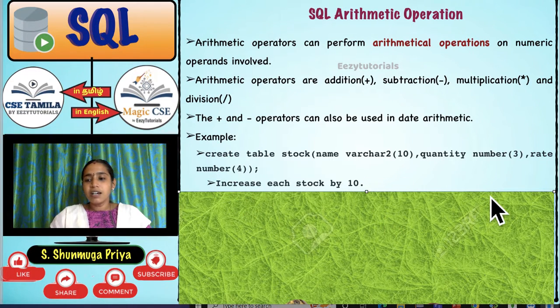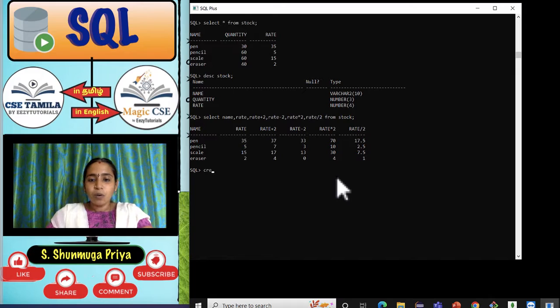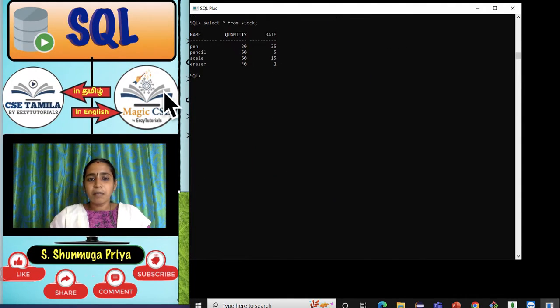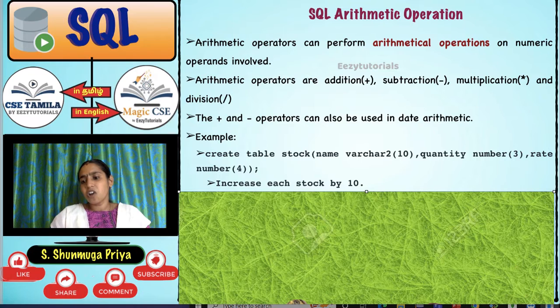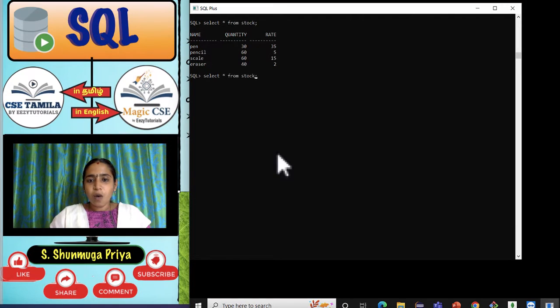So this is my stock table. Now I would like to increase each stock by 10. So how will I be increasing each stock by 10? I'll be giving name, quantity plus 10.